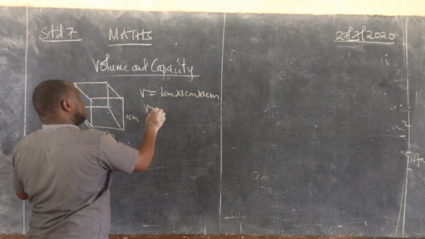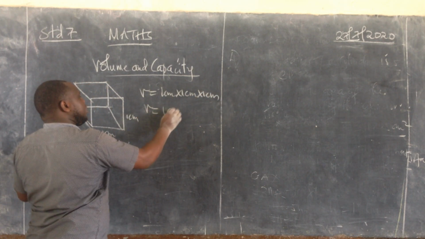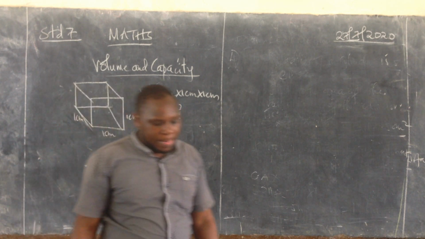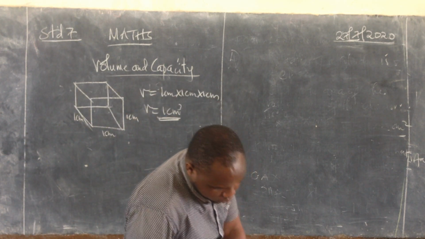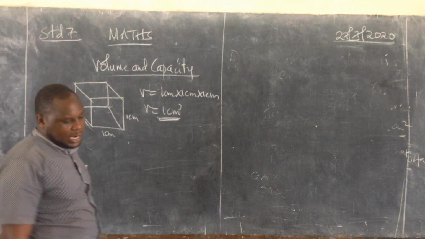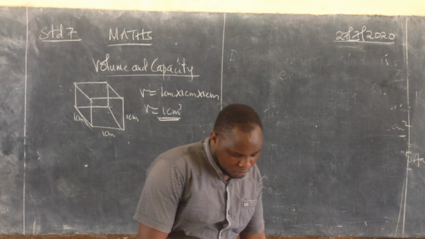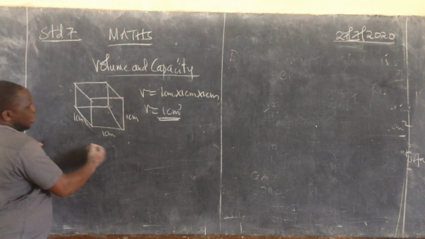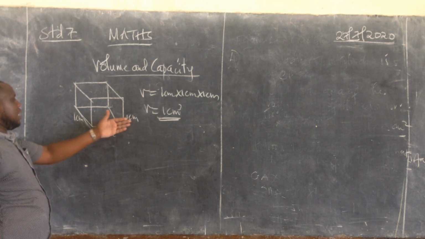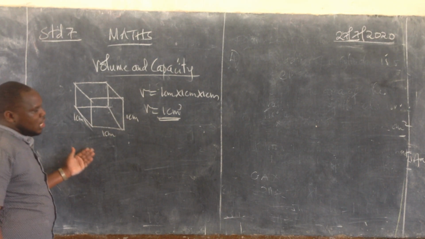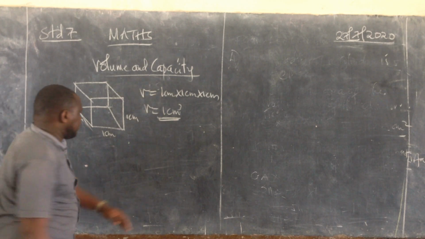Therefore the volume is going to be 1 cubic centimeter. If you are given that this stands to be 10 centimeters, that is going to give you 1000 cubic centimeters.